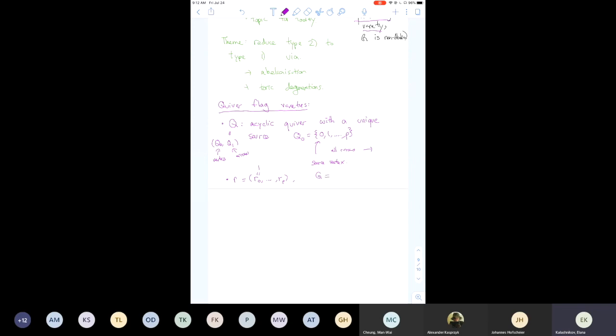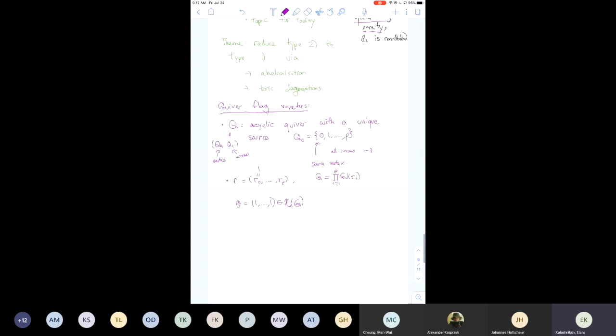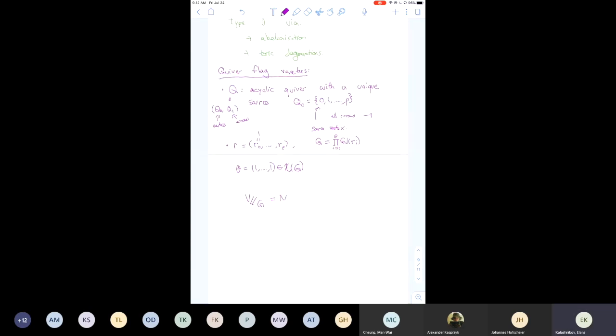The group defining the GIT quotient is the product of the GL(r_i), and the stability condition defining the GIT quotient I'm going to take is (1,1,...,1), in the character group of G. This GIT quotient is called the quiver flag variety. It is the quotient of all the representations of the quiver of the given dimension vector by the group G with the stability condition. This is the label, and this is a quiver flag variety.